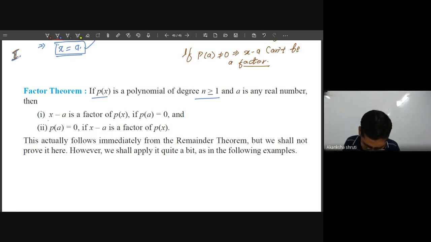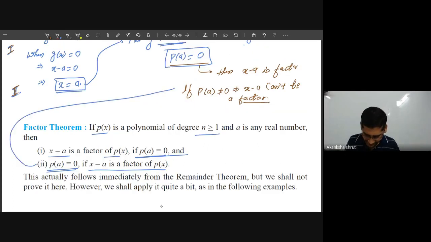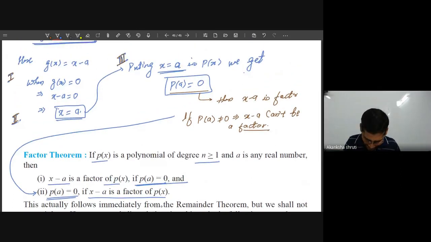And x minus a is a factor of P(x) if P of a is equal to 0. The reverse is that if P of a is equal to 0, then x minus a is a factor. Whatever I was talking about second is written here, and whatever I was talking about first is this one.